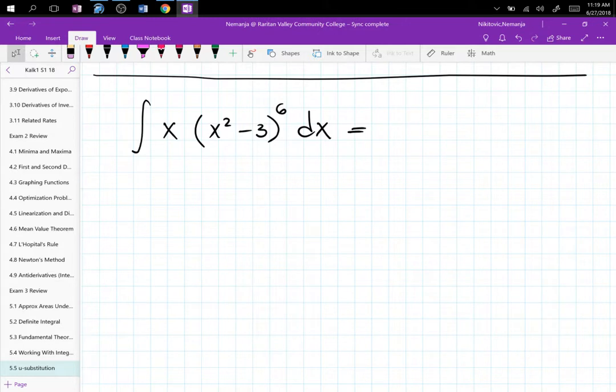After this, I'm going to write the formula, and then we're just going to do another 6,000 examples. What do you think u should be in this case? x squared minus 3. Okay, so go from there. So u equals x squared minus 3.